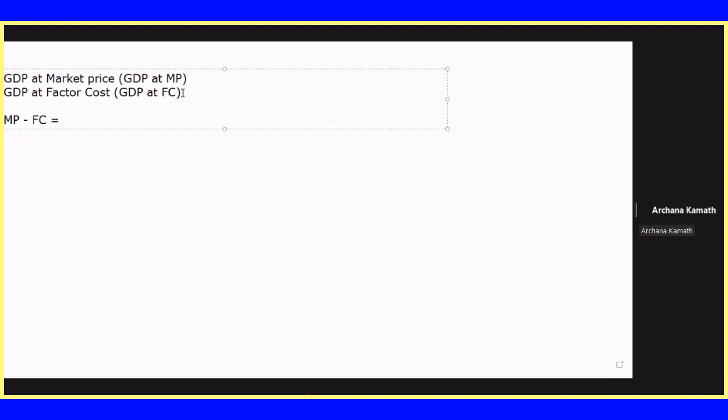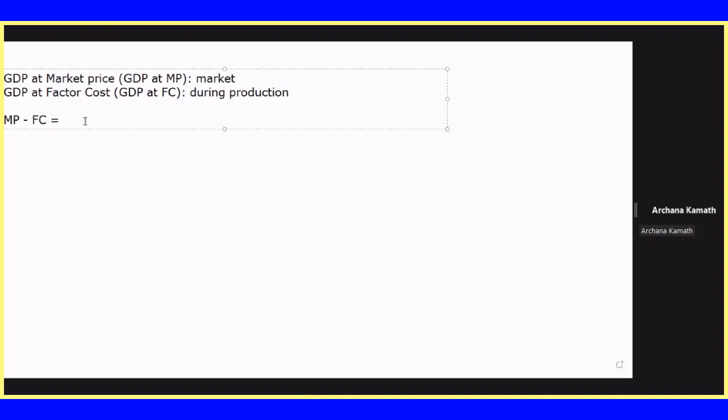Market price is the value of the commodity when it reaches the market. Factor cost is the value of the commodity during its time of production, or we can say before it moves out of the factory gate. For a fully produced commodity, before it moves out of the factory gates, its value is known as factor cost. And the same commodity, when it reaches the hands of the consumers or the market, is known as the market price.